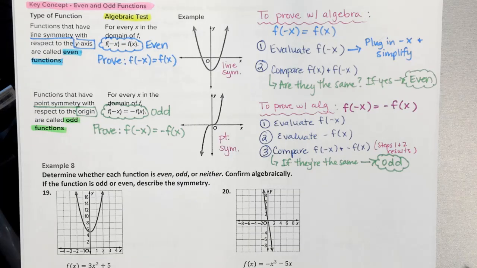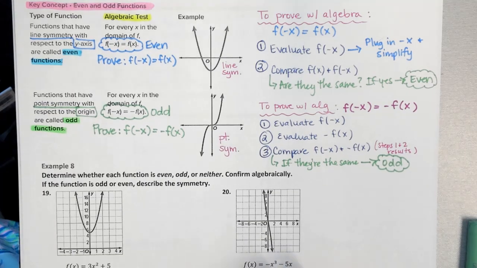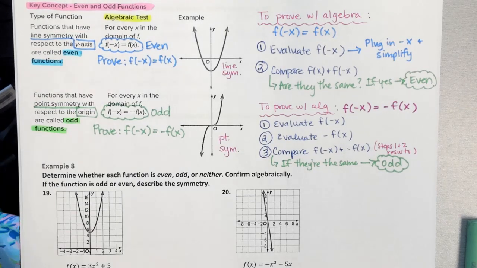Okay, now, there are going to be cases where it's not odd and it's not even. There'll never be a case where it's both. It's either even, odd, or neither. Okay, it can never be both. So we're just going to write just a little note down.